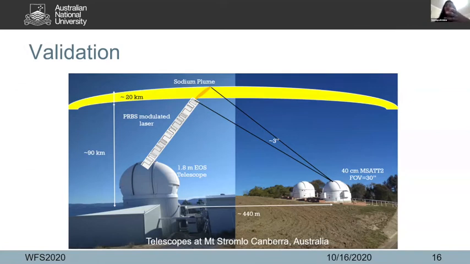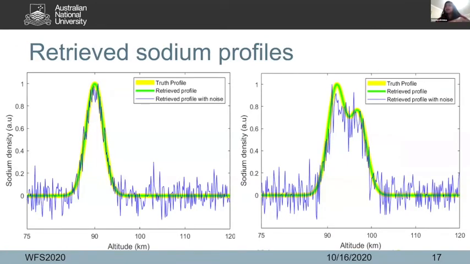So before we go ahead and start our experiment, it was necessary for us to see what parameters we have and what kind of values we expect from this work. So I carried out a simulation in which I've taken all the parameters at Stromlo, and I'm able to get the profiles, and I've added the noise.